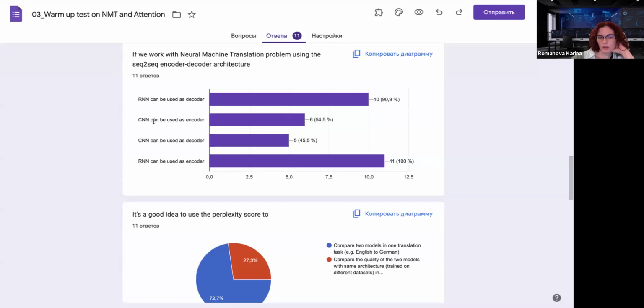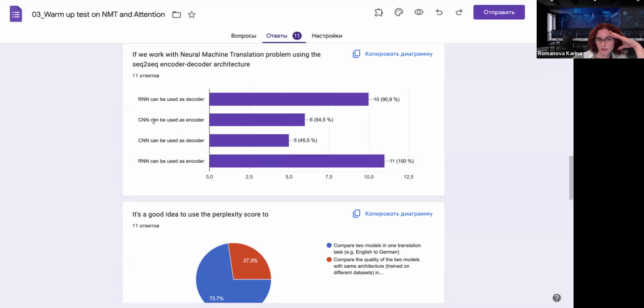And the third option was about convolutional networks in decoder parts. Okay, it is technically possible, but we don't use them much in this part. They can generate output sequences by using positional encodings and causal convolutions.